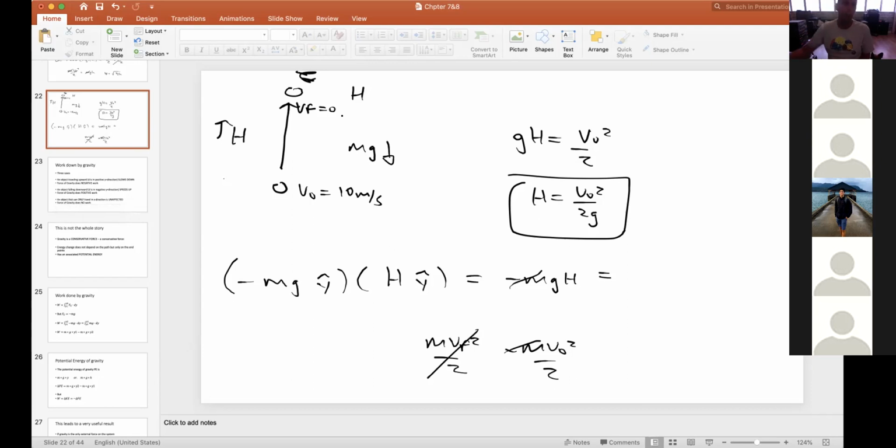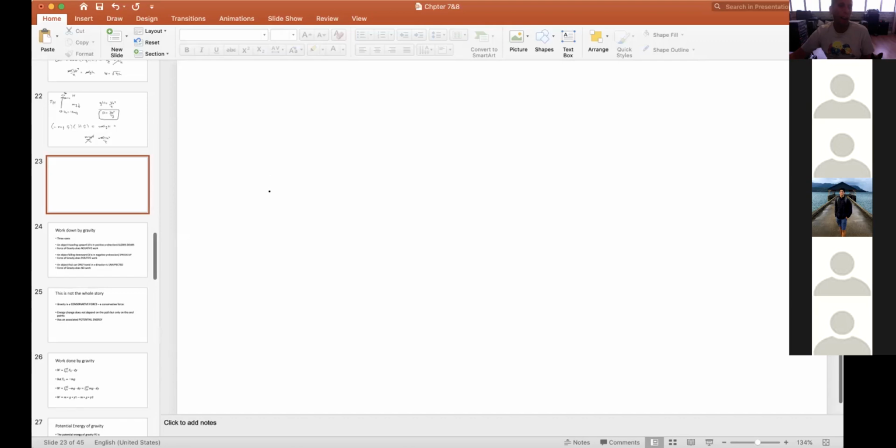So if we do the full free fall, as it goes up, force of gravity does negative work. And as it falls, force of gravity does positive work. Slows, speeds up.